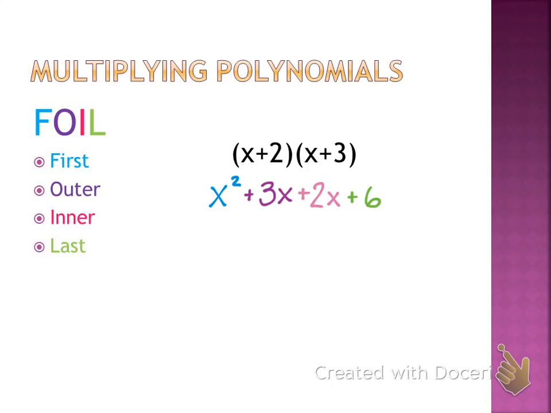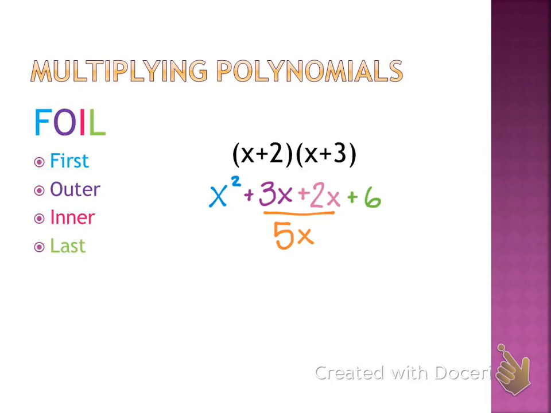Now, in order to simplify, I just need to combine like terms. So I'm going to look. Does anybody see like terms here? Zinko, what are they? 3x and 2x. Very good. So I know that to combine them, I can just add the numbers together. 3 plus 2 is 5. And I keep the like term, which is x.